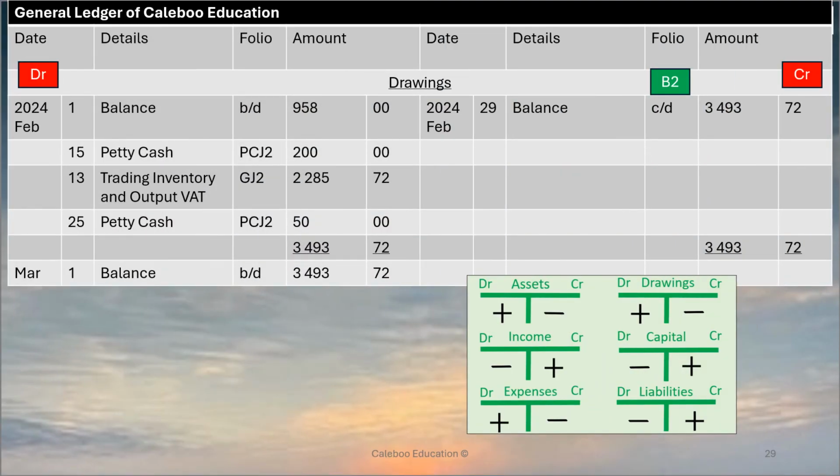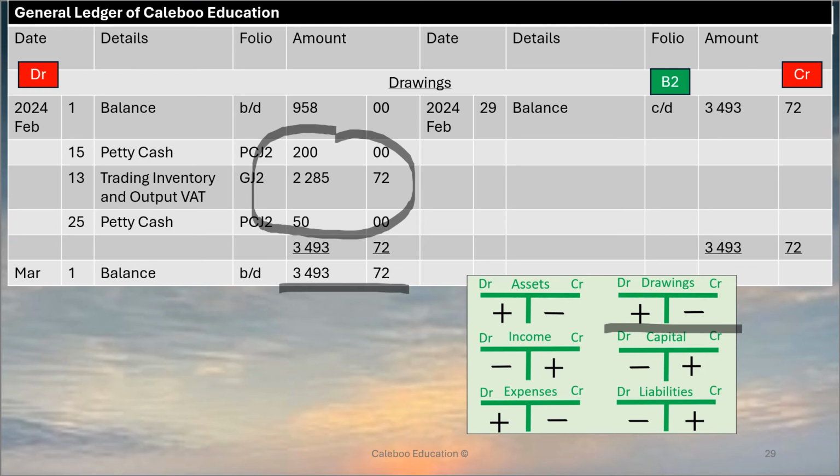This is the neat version of the drawings account. We know that drawings is its own category. There was an increase in drawings in the month of February. Cash and stock was taken by the owner, and if we balance this account, on March the 1st, the value of the drawings that the owner had taken, consisting of stock and petty cash, was 3,493 and 72.